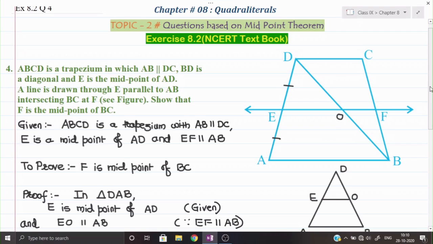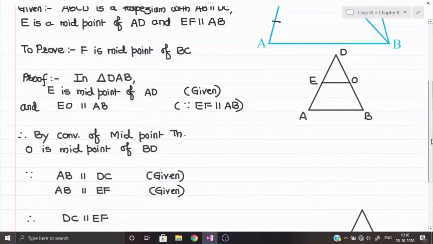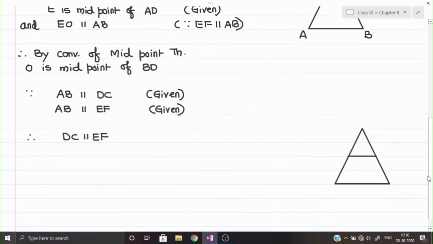So now see, here I am making a triangle in a proper manner. I have a triangle here, B, C and D. Sorry, D I will take on this side, that will be better for you.